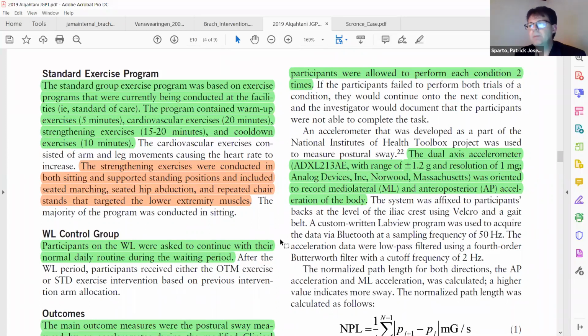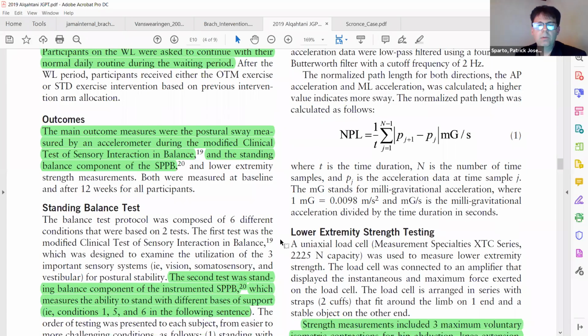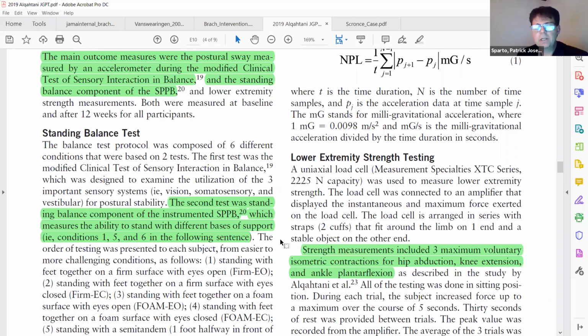The primary outcomes that we measured in this study were balance. For balance, we used the 4 conditions of the modified clinical test of sensory interaction and balance: standing on a level or a foam surface with both eyes open and eyes closed.